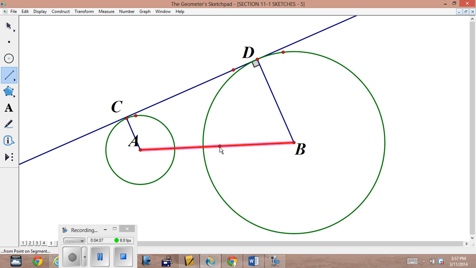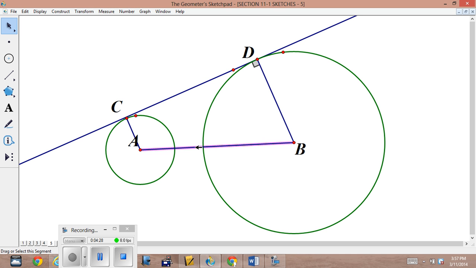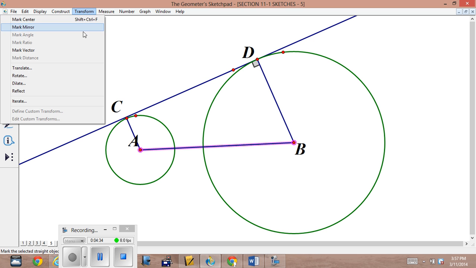So what I'm going to do is take this distance AB and translate it along segment AC. Remember, select A, select C, and mark the vector, and then take the segment, along with those endpoints, A and B, and translate that.